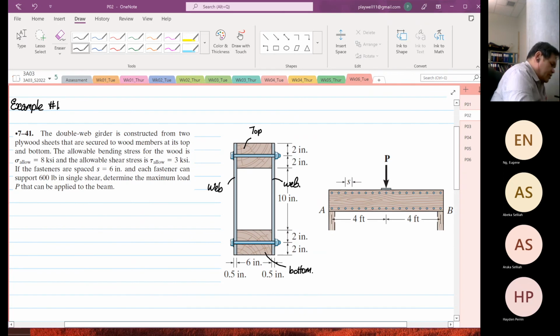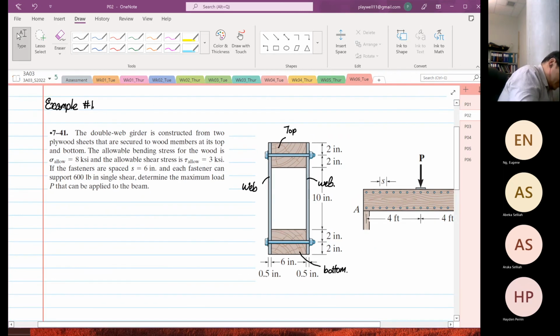The allowable bending stress for the wood is equal to 8 times 10 to the power 3 psi. It's given. And the allowable shear stress is equal to 3 times 10 to the power 3 psi.